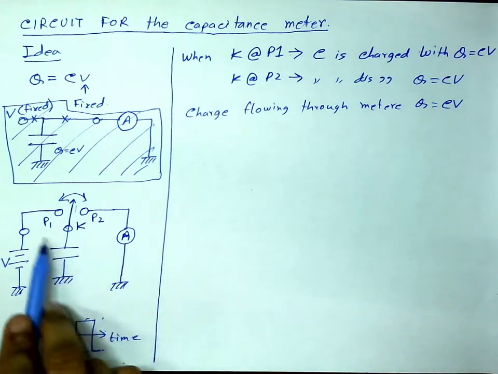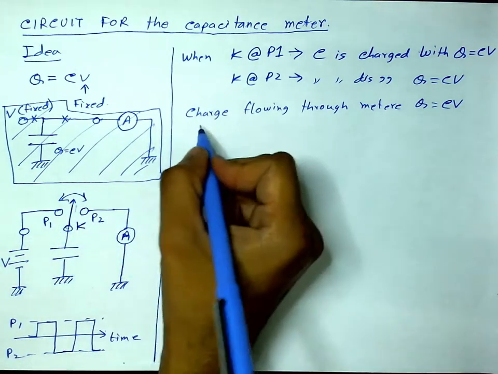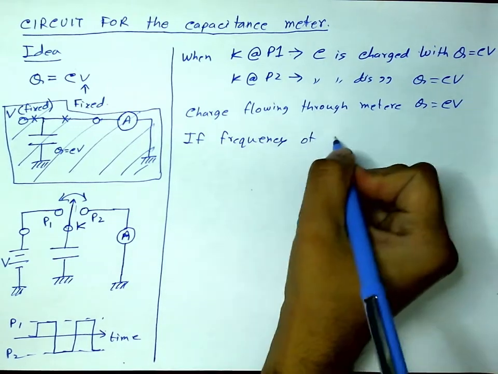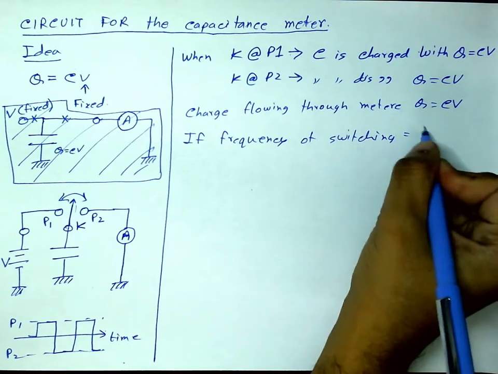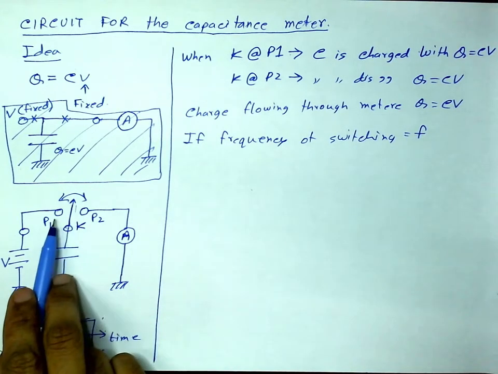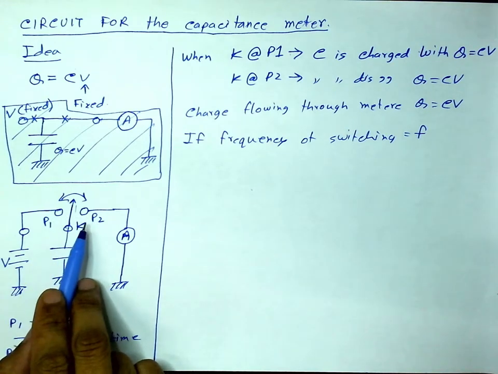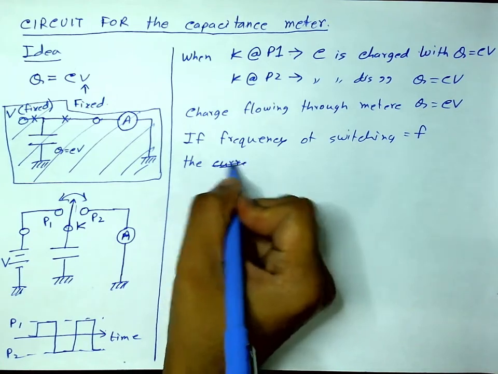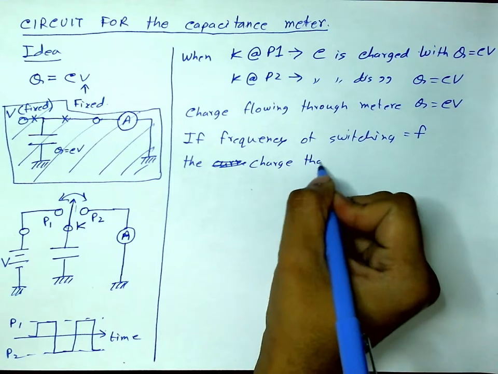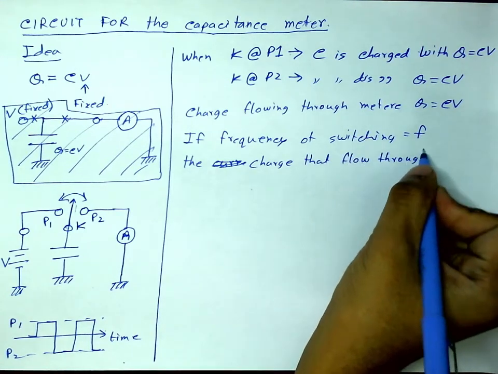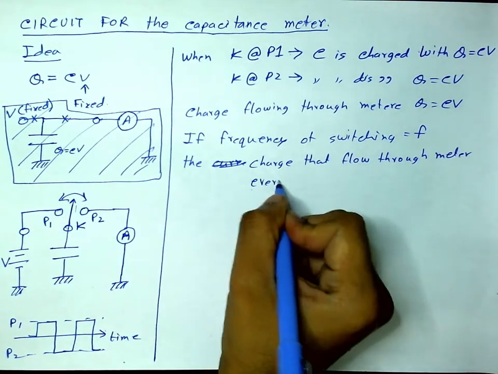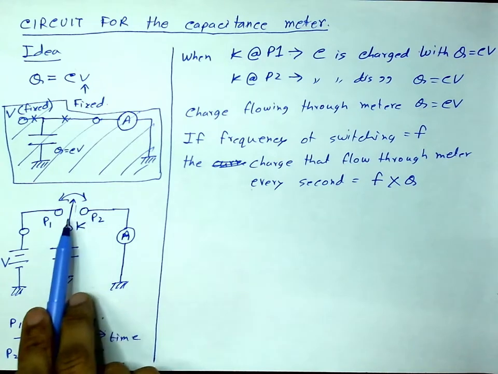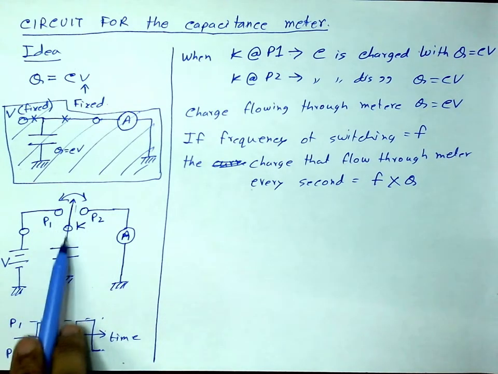Now if I am operating the switch at a frequency of switching equal to F, that means every second F times I have this capacitor charged and F times this capacitor discharged. So every second the charge that flows through the meter is, in total, F times Q. Every time it discharges Q amount of charge, and I charge and discharge this capacitor F times every second.